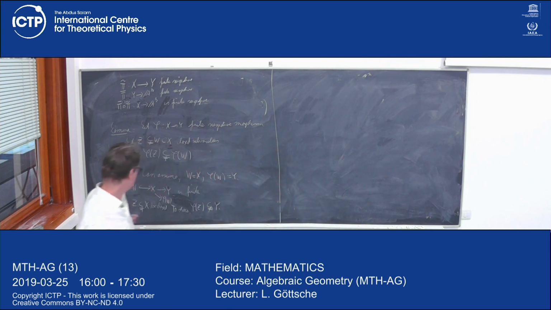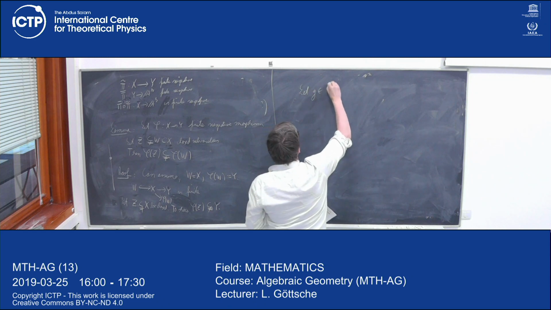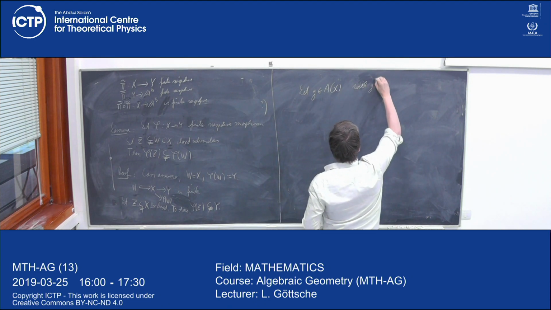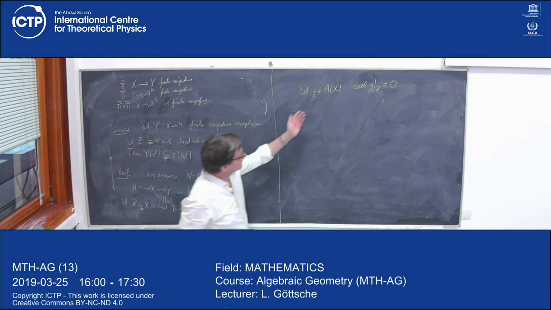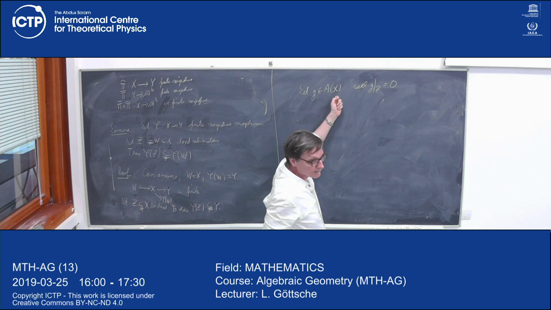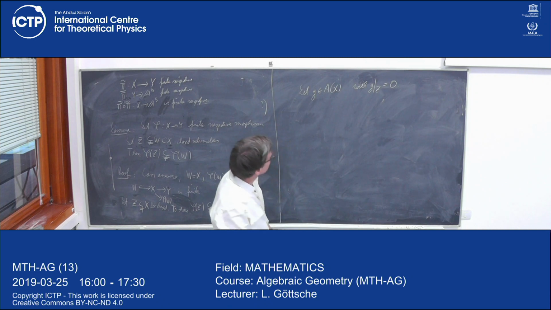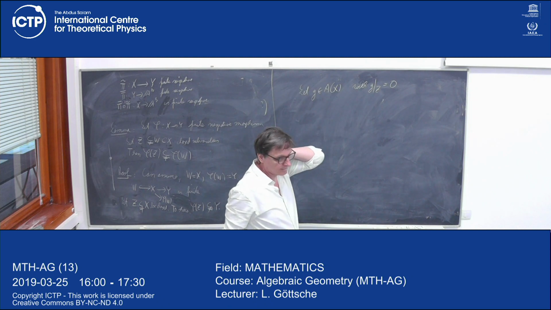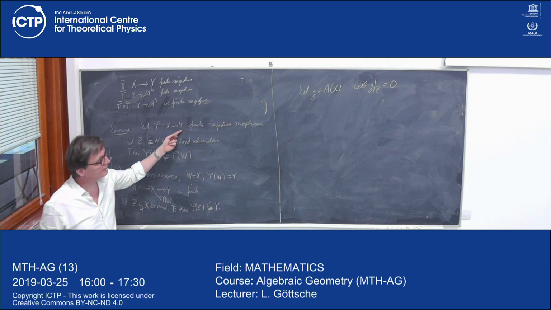So Z is not equal to X, so we can choose a function G in A of X which vanishes on Z. Because this just means that G is the class of an element in the ideal of Z, which is bigger than the ideal of X. So this G is an element of A of X. As A of X is a finite phi upper star of A of Y algebra, it satisfies a monic equation.